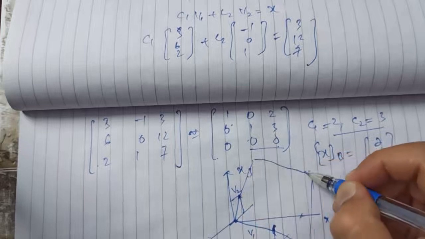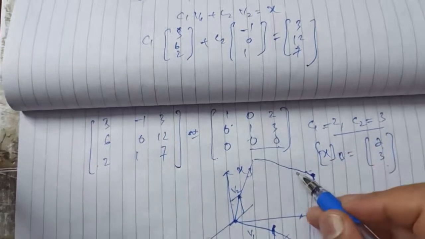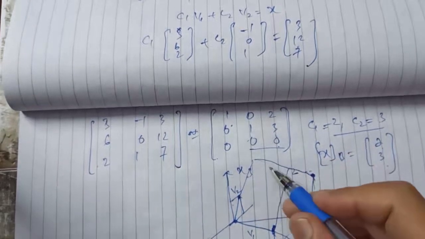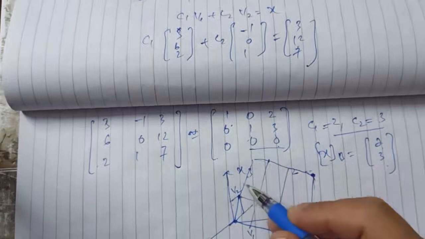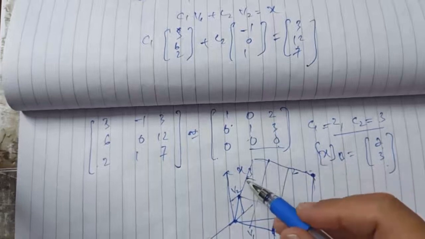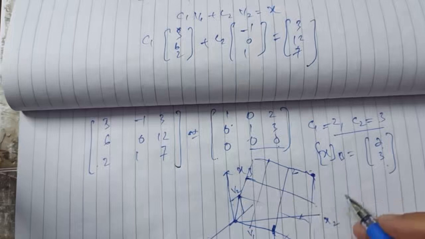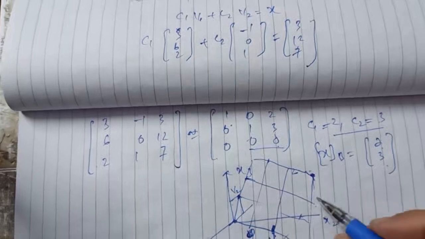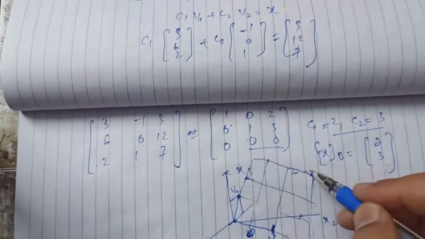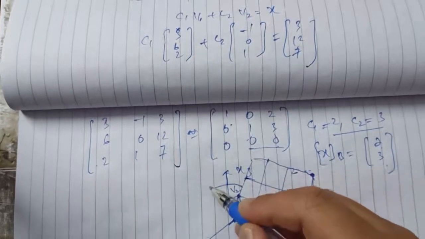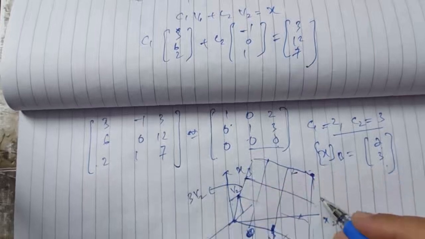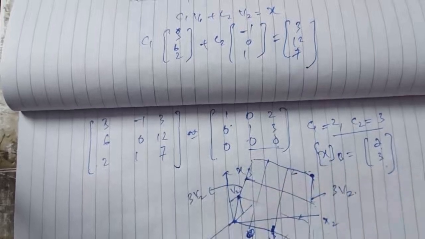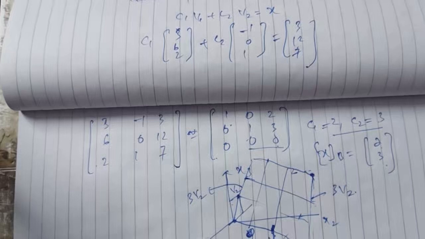So this is v1, this is 2 times v2, and this will be 3 times v2.